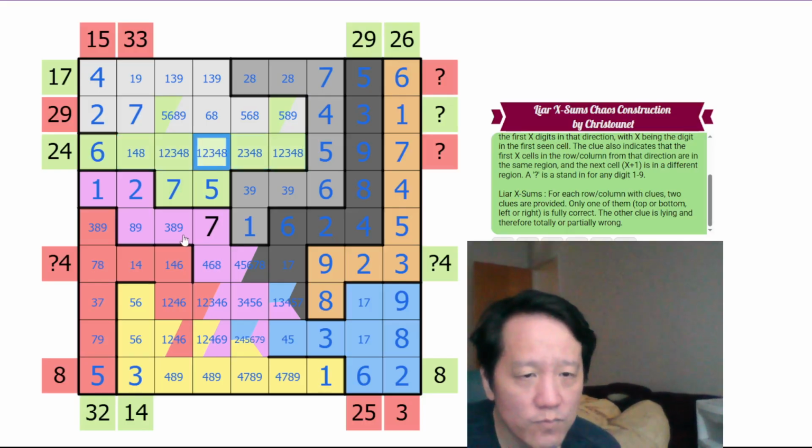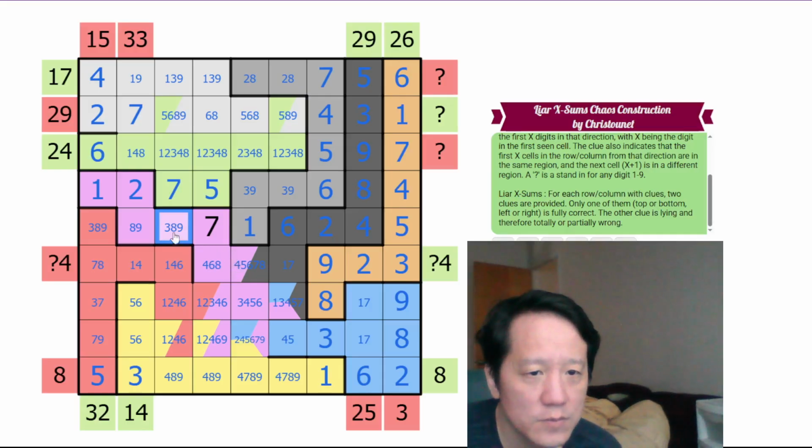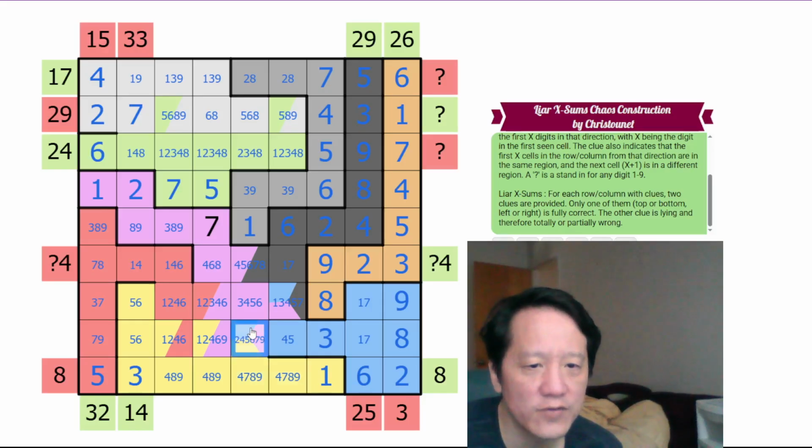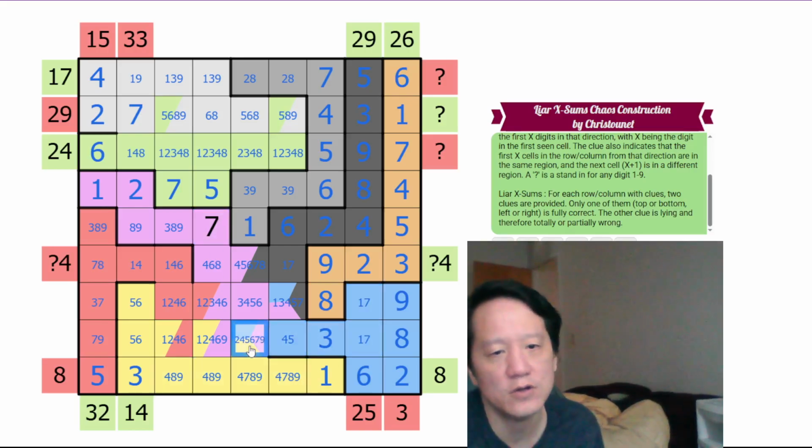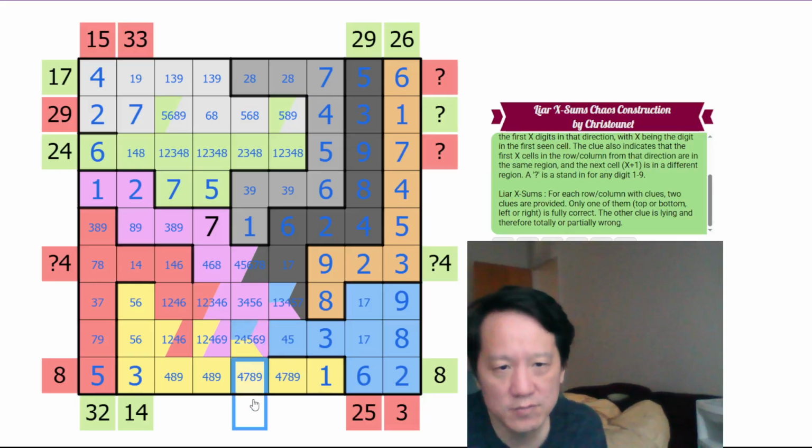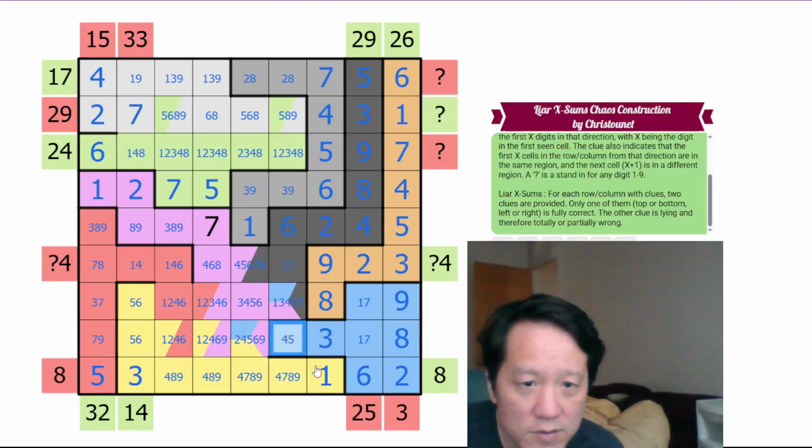So now we just need to figure this out. Oof. We have 7 as one of these. Oh, 7 cannot be in pink, 7 cannot be in blue, 7 cannot be in yellow. So this can't be 7. Okay, that's not helpful.